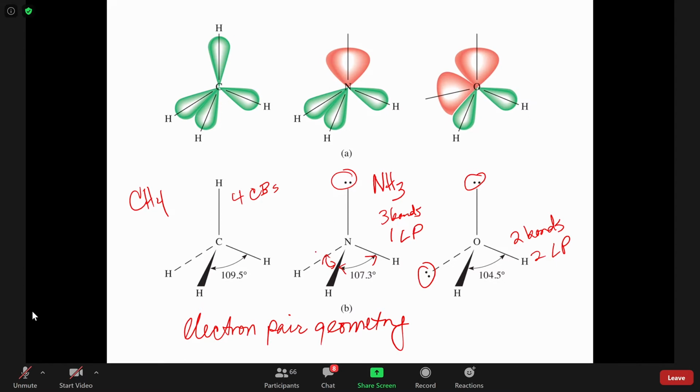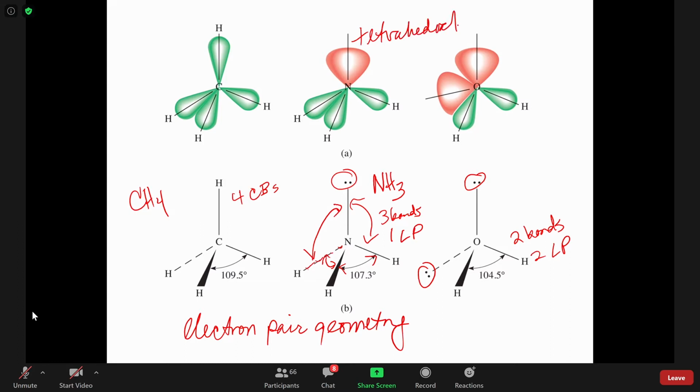There is also repulsion between this bond and the lone pair on both sides, right? So when we're considering geometry of the molecule, and we're including both the covalent bonds and the lone pairs, that dictates the overall electron pair geometry, tetrahedral.